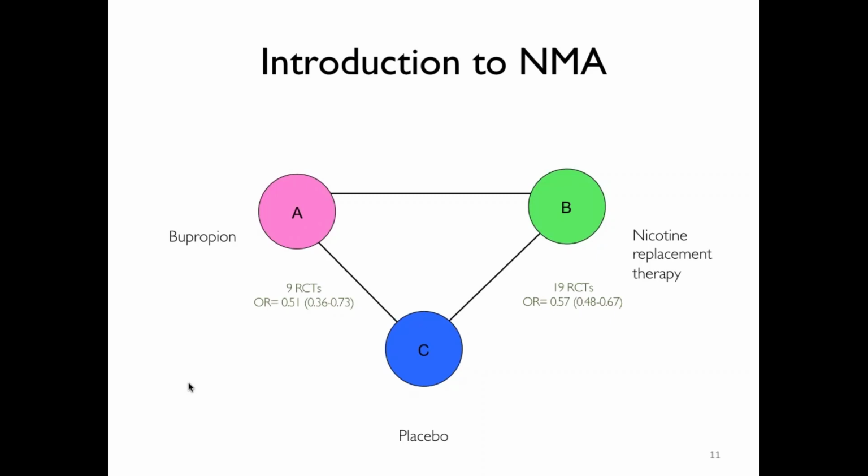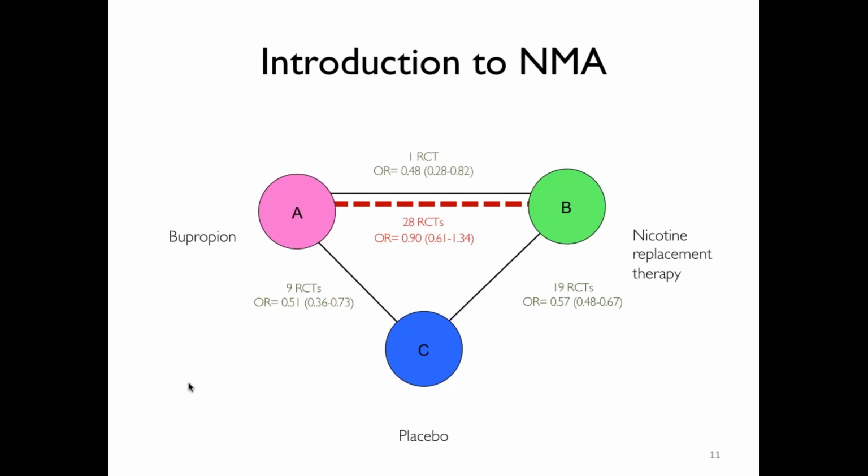And as I told you before, through the applicability of proper statistical methods, we are able to calculate the relative effect estimate and its magnitude for the indirect comparison, bupropion versus nicotine replacement therapy. Let's say that in this case, we also have a direct comparison between these head-to-head comparisons.